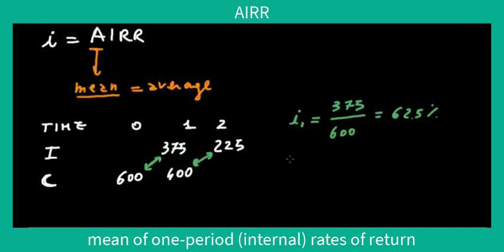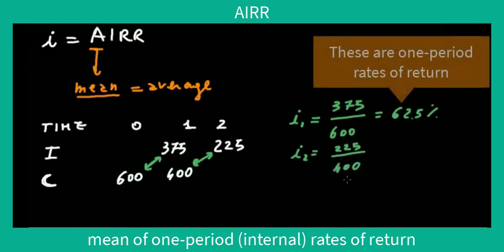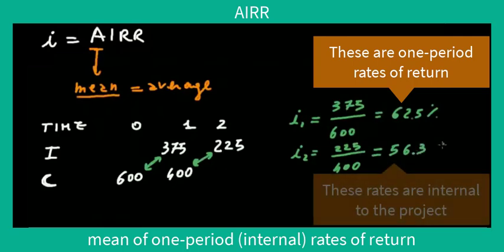In the second period, the rate of return, the holding period rate, is equal to the ratio of the income generated, 225, to the 400 capital that remains invested. And this makes 56.3%.